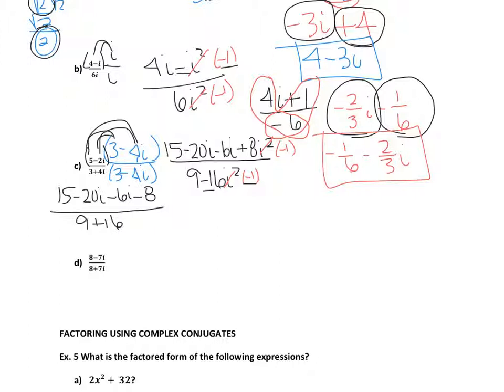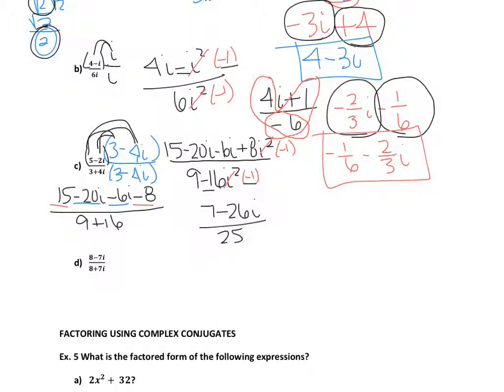So now I'm going to combine like terms. My 15 and my negative 8, 7. And my negative 20i, negative 6i is negative 26i. All over 25. We're almost done.